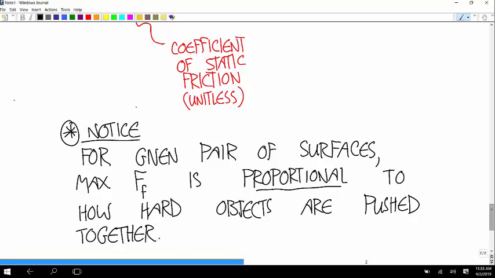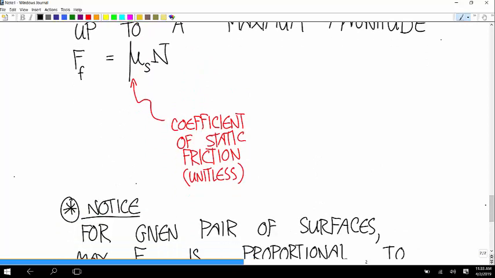Let me demonstrate what that means. Mathematically, the coefficient of friction represents the two surfaces in contact. You could look that up for, say, smooth wood on steel. That just represents the two materials. Then you multiply it by the normal force, which measures how hard they're pushing against each other, to see what the maximum force of friction is.